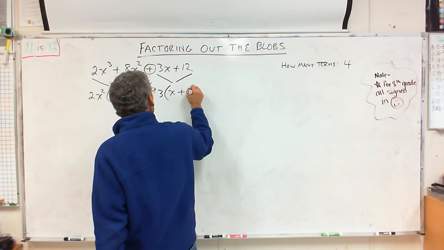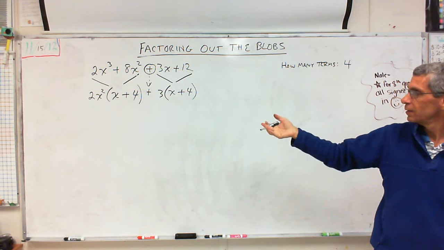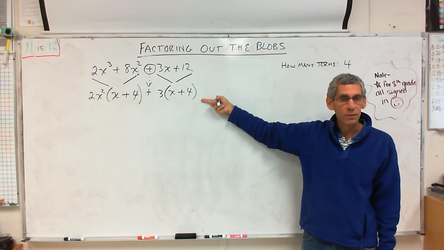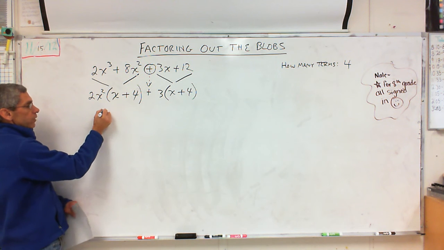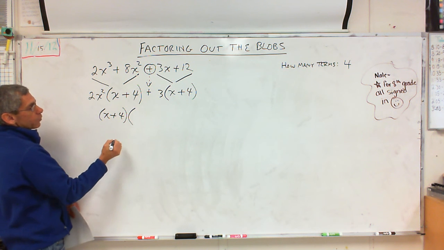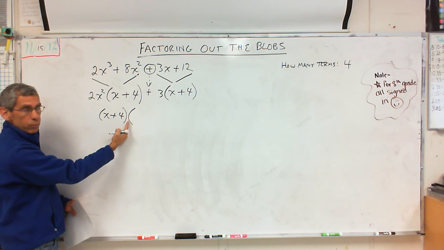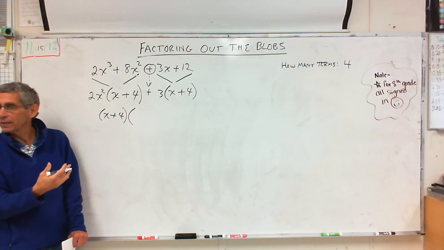All right, now what do you have? A blob factor. You have blobs. You can factor out blobs now, right? So what would it be? I'm going to do x plus 4, parenthesis, and then parenthesis. Again, this is now multiply, right? There's no plus sign in between these two parentheses because I'm factoring things out.